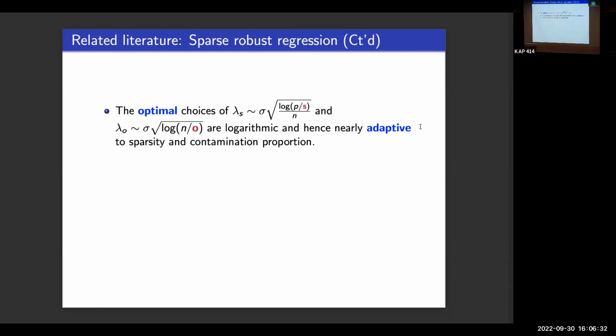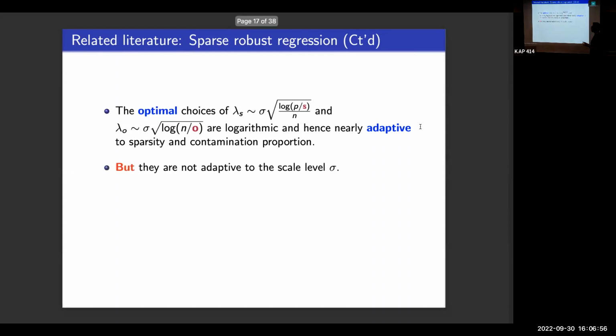The way they say they are adaptive to sparsity and to the number of outliers is that basically they replace S by 1 and O by 1. So whatever price they're paying is some log on top of the optimal bound. They say we can be adaptive to these two parameters as long as you allow us to pay some log terms on top of the optimal bound.